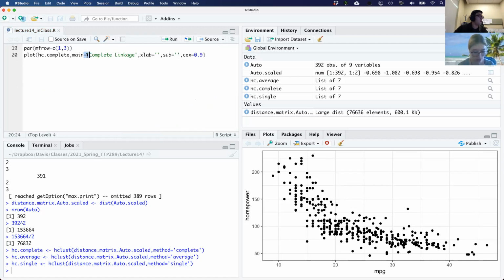I'm going to plot all of them at the same time so we can see how different the trees look. This is important to understand how the choice of linkage affects the clustering.